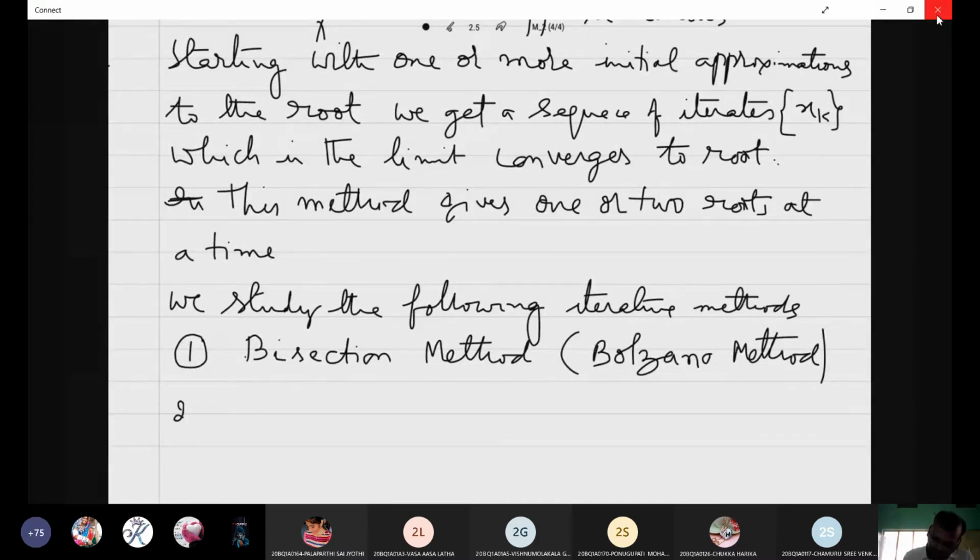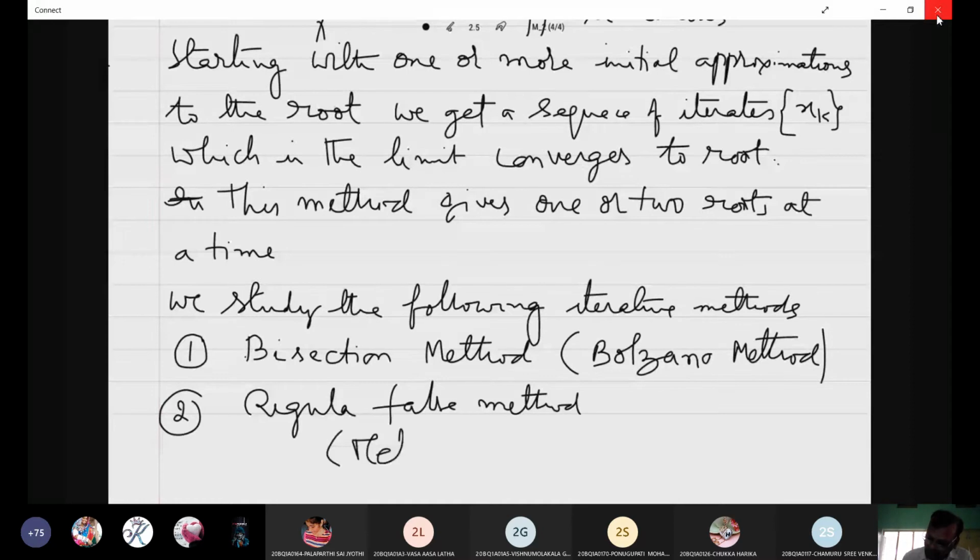Number two, regula falsi method, or method of false position.